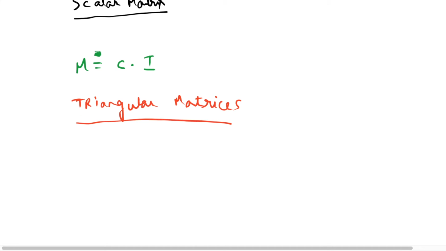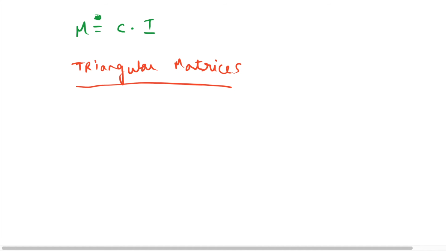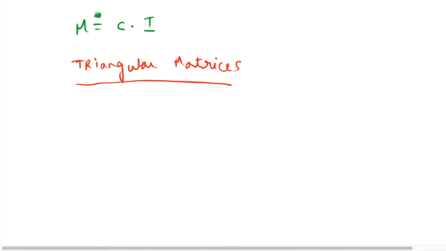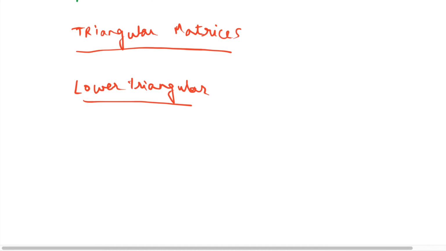A triangular matrix is a special kind of square matrix, and a square matrix, just to remind you, is a matrix that has the same number of rows and columns. A triangular matrix is called a lower triangular matrix if all the elements above the main diagonal are 0.